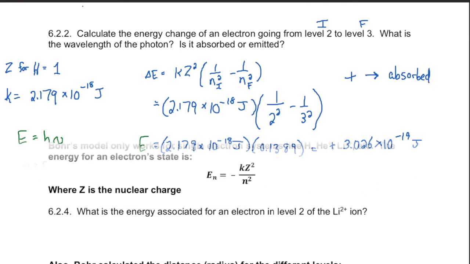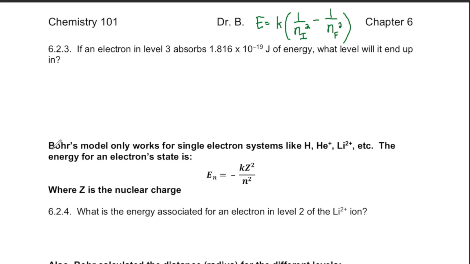All right, for this next problem, we know the energy, and we also know the initial level. What we're looking for is the final level. So we're looking for NF. This is NI. Level 3 is NI. That's the initial. So let's go ahead and plug these numbers in.